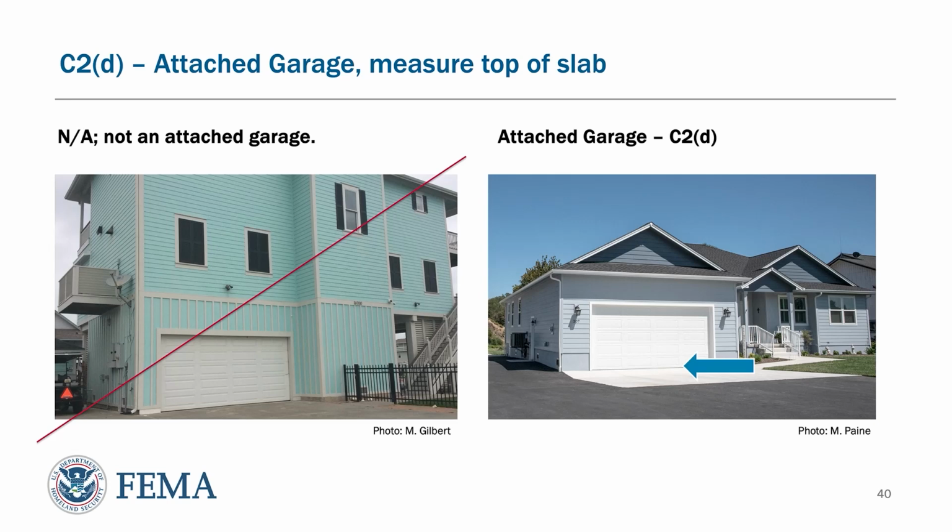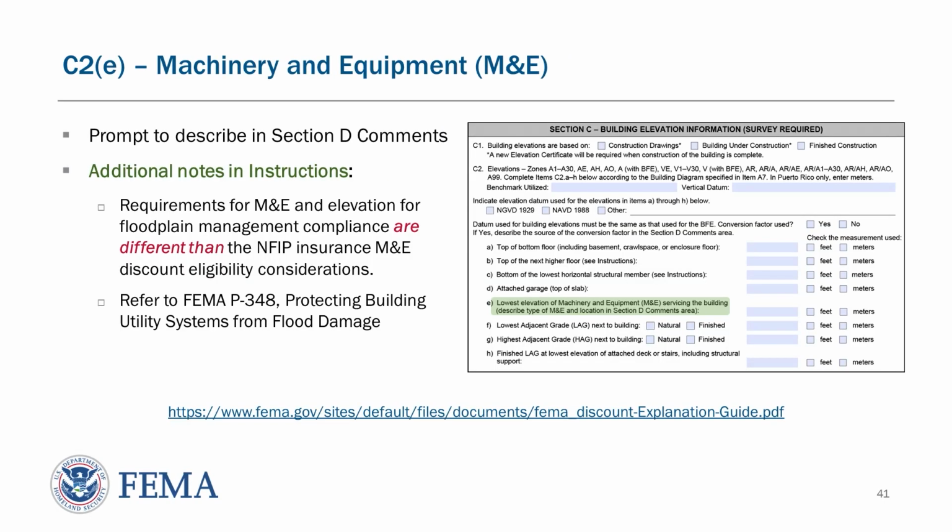In C2E, a prompt has been added to describe in the comments the machinery or equipment that was measured. Machinery and equipment elevation requirements are different for floodplain management compliance than they are for the requirements to get the M&E flood insurance discount. In previous versions of the elevation certificate, there was some confusion about which machinery should be recorded here.